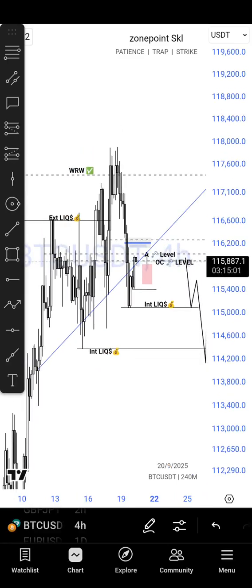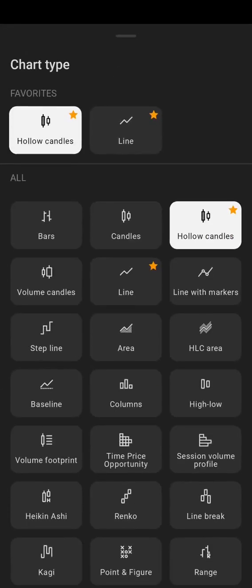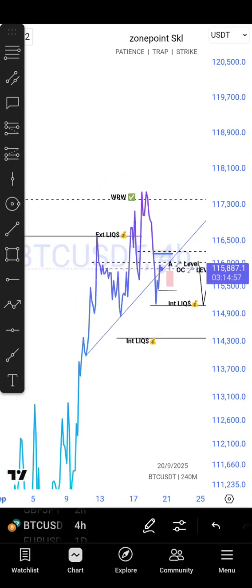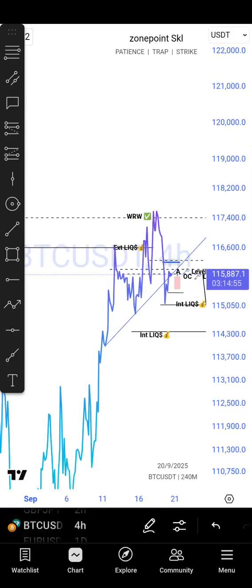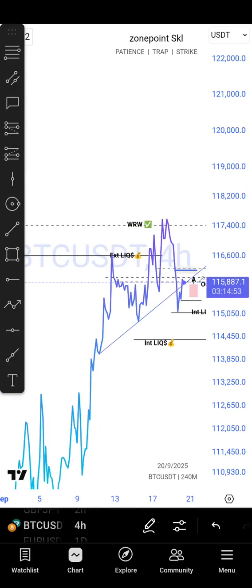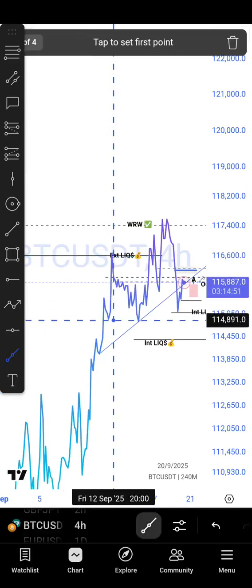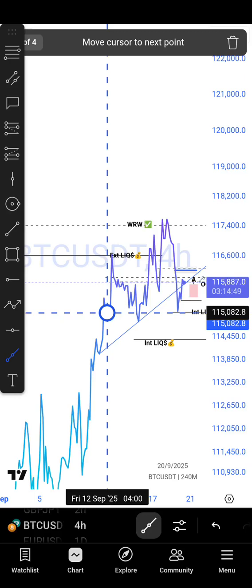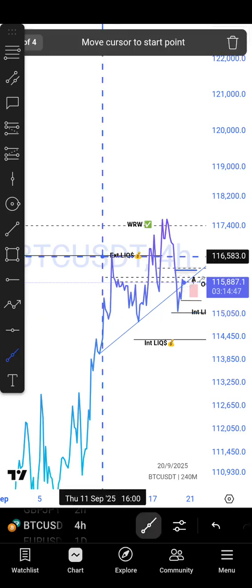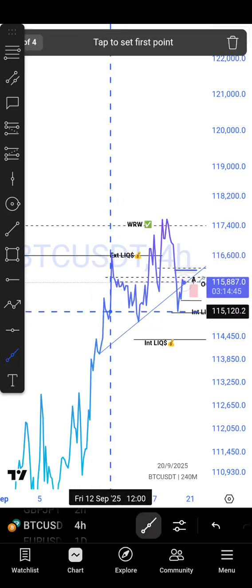So let's see that level. Let's change it to line back again. If you are seeing that level, let's also see this level here. I'm just looking for confluence that backs up my key level. That's what I'm looking for.